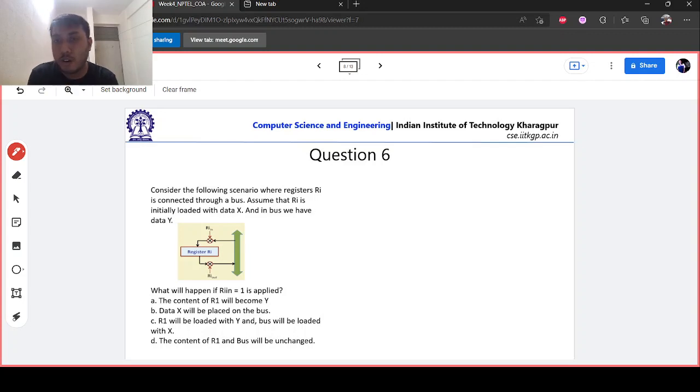Consider the following scenario where register Ri is connected through a bus. Assume Ri is initially loaded with data X, and in the bus we have data Y. What will happen when Ri in is equal to 1 is applied?